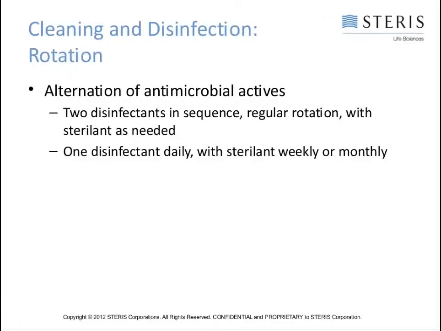So it actually was not put into use in a facility, but if you're rotating with 1 disinfectant and a sporicide, then there's your rotation, and the FDA will see that if you have it all documented of why you chose that.